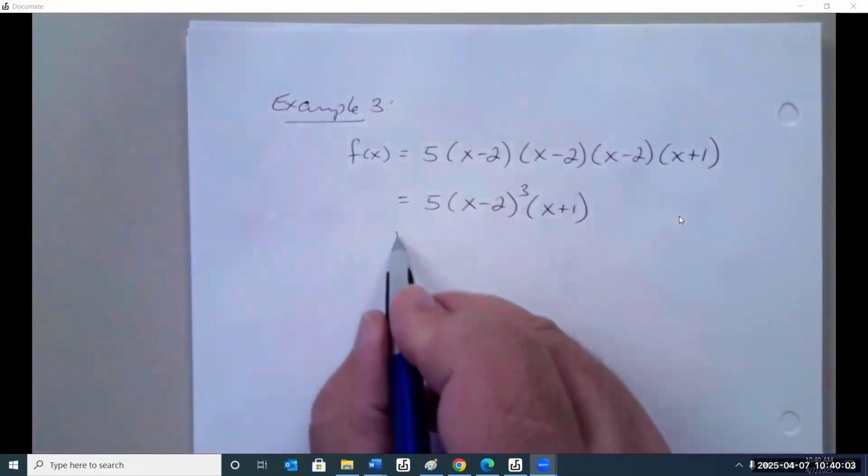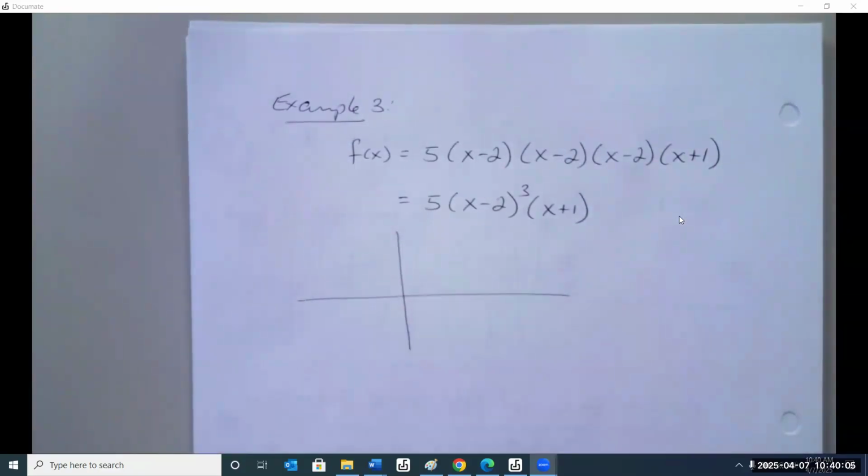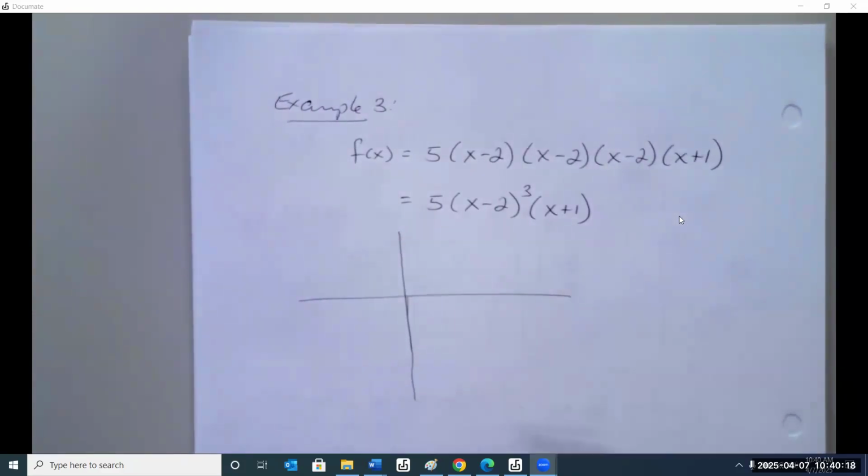What do we know about this graph? So where are my x-intercepts at?